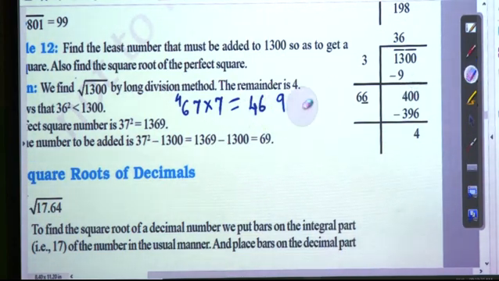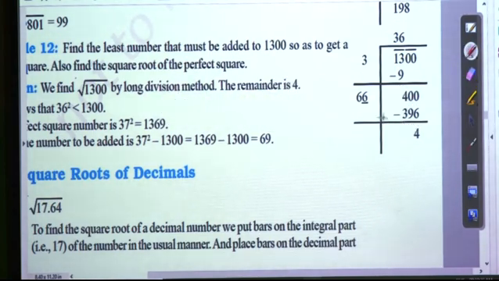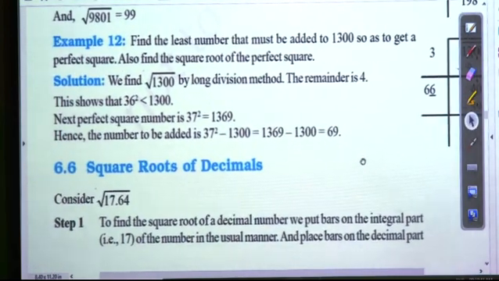So it is not applicable, it is not possible here. So we are taking a smaller value, less than or equal to. So 66 times 6 is 396, remainder is 4. The remainder is 4. Then what further?